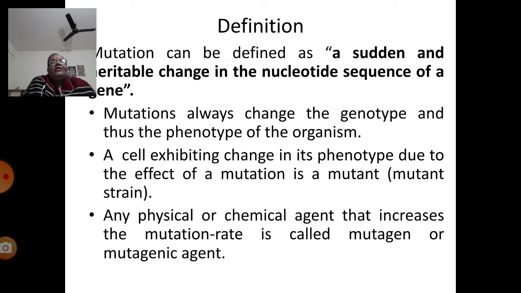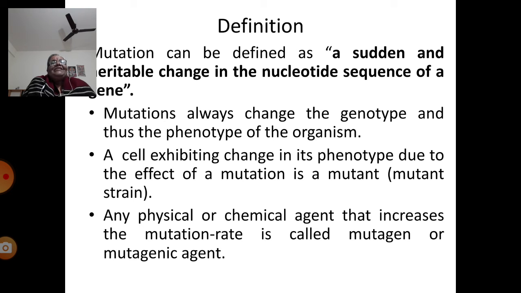Sometimes it can be induced by artificial agents. Any physical or chemical agent which increases the rate of mutation is called a mutagen or mutagenic agent. Gen means to produce, muta means mutation.